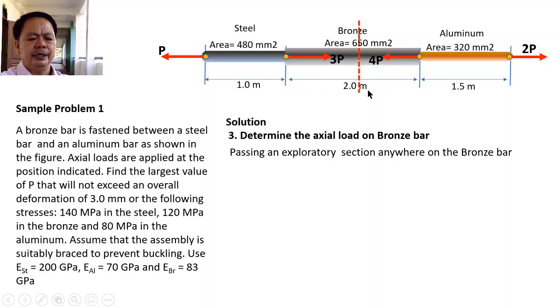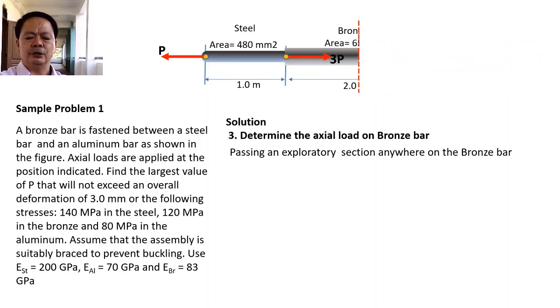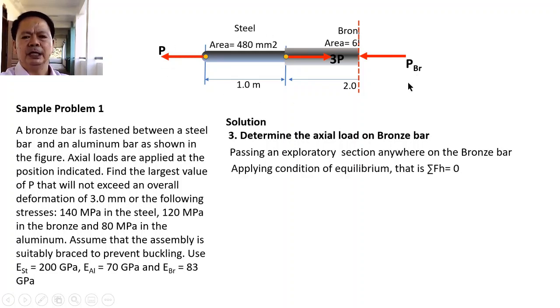Considering the left part, this will be our internal force, and we call this P of the bronze. Because this is in equilibrium, it must satisfy the condition of equilibrium, that the summation of horizontal forces equals 0, and we can solve for P of the bronze, which is equal to 2P.